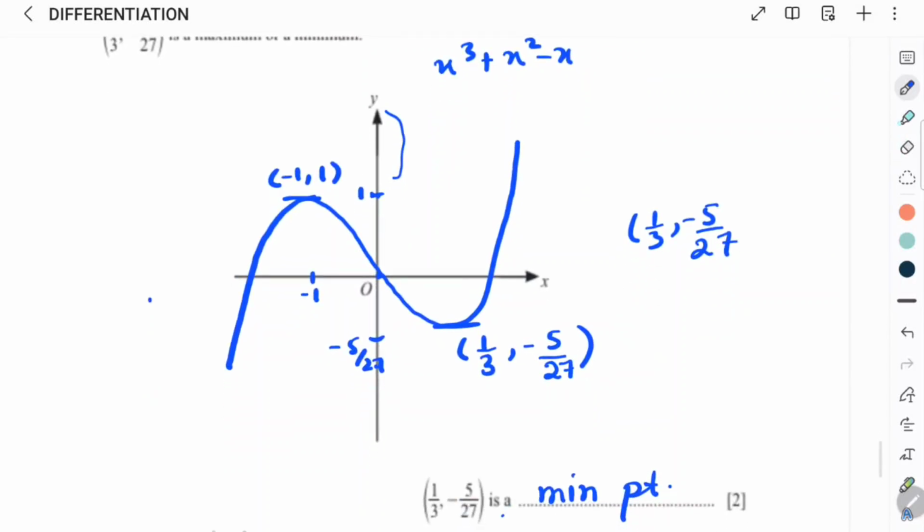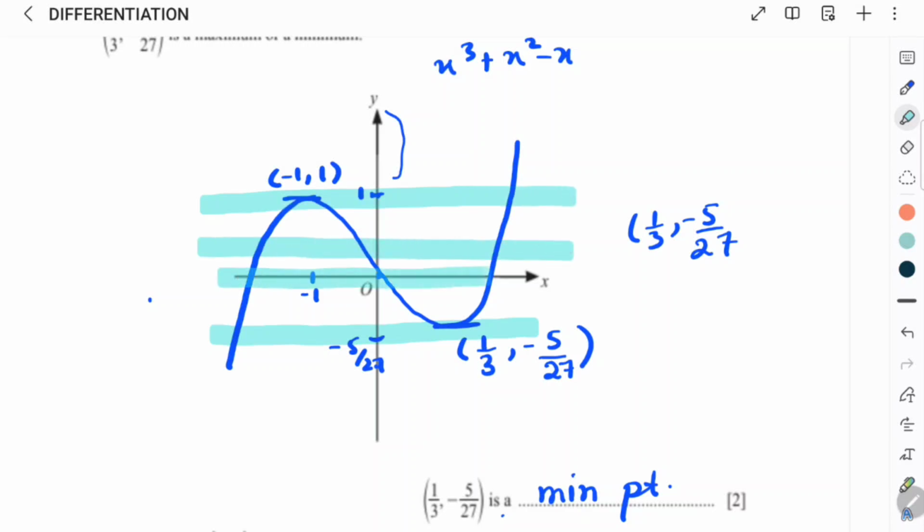So it means when we look at the curve, this is the point minus 5 over 27 and this is the point 1. In between, whenever I make the line, I'll get 3 solutions because the curve will intersect at 3 points here, 1 2 3, 1 2 3.